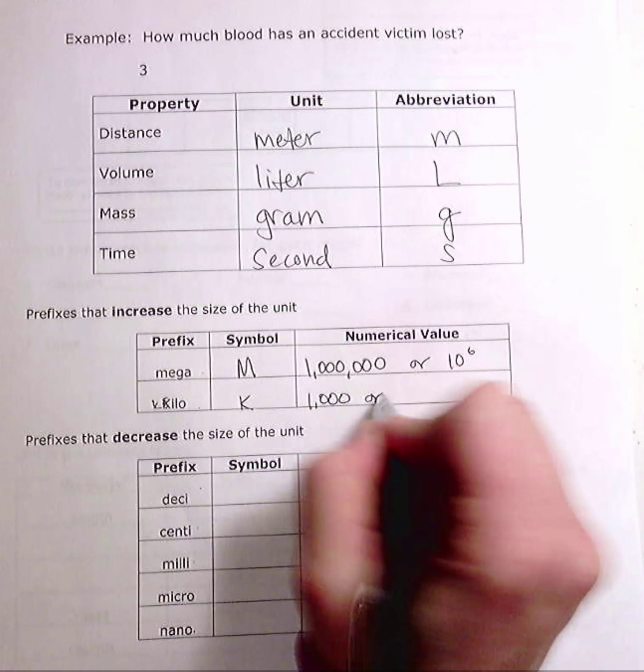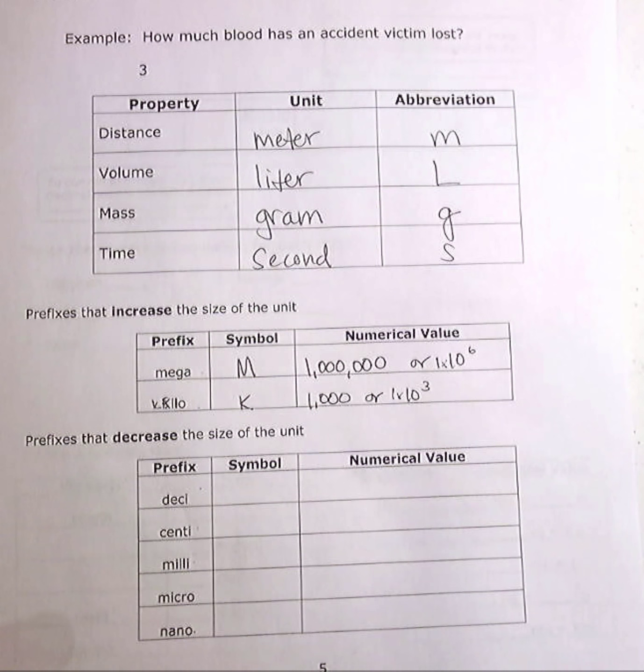So when I say 10 to the 6th, 10 to the third, it's really 1 times 10 to the third and 1 times 10 to the 6th. You don't have to know scientific notation for this course. If you do know it, that's great. If you're like, I don't know what she's talking about, fine, just roll with the flow. We'll cover this.